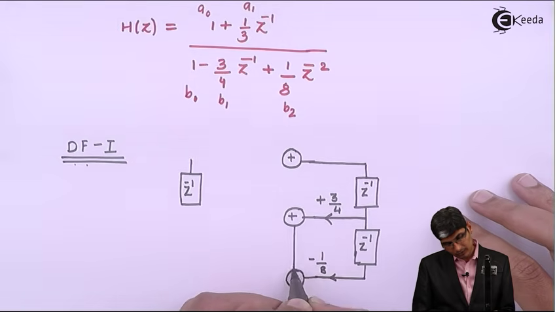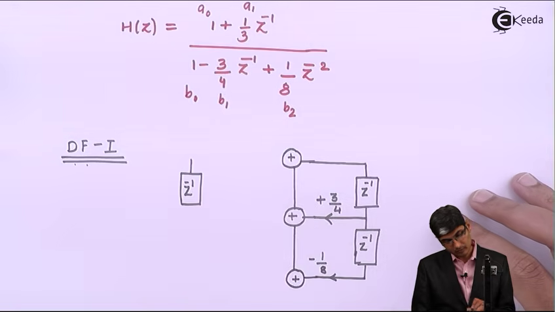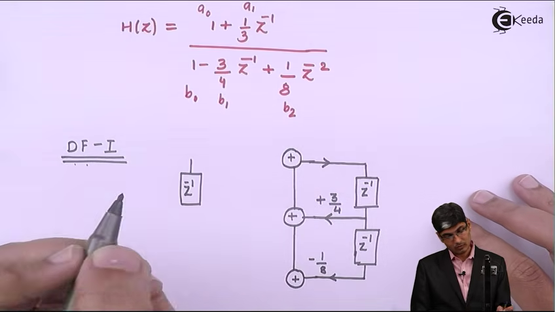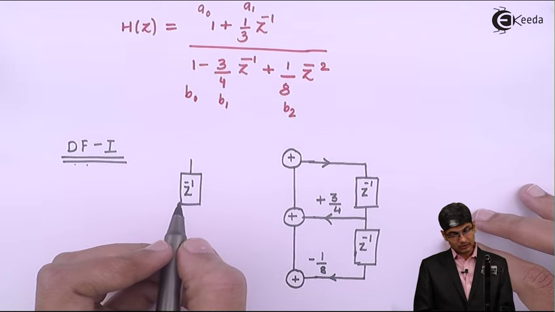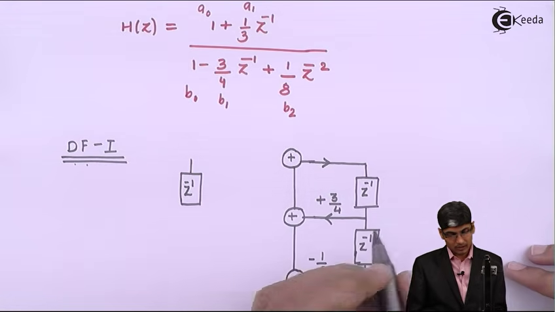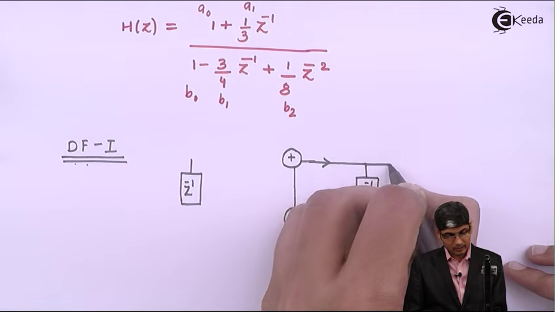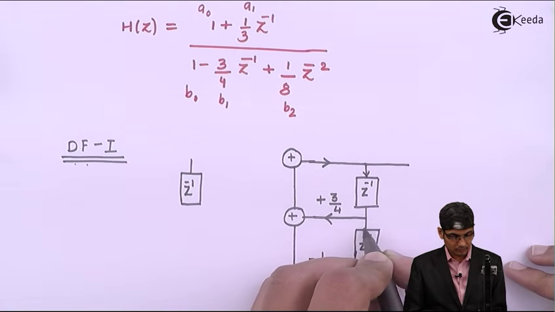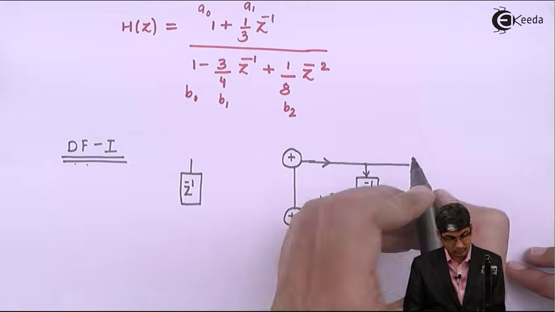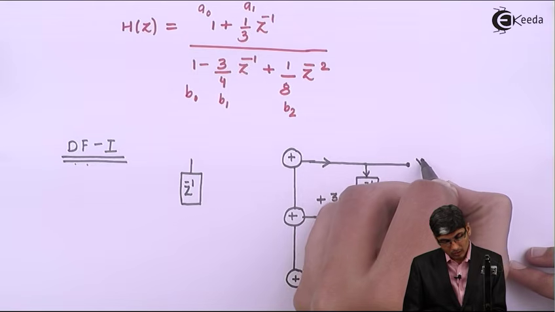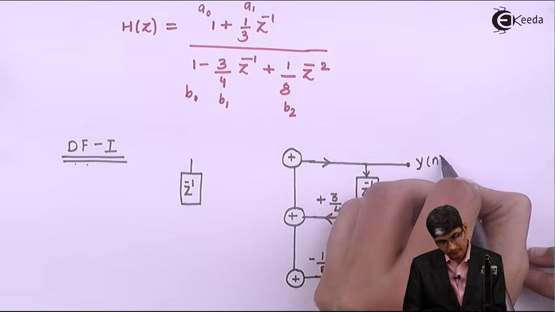So I will add these coefficients. Okay. So now what we have received is, let us take this. This is the flow graph, and this is my y of n.